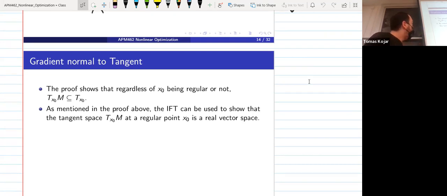But it doesn't tell you the exact space, it just tells you the ambient space, which might be good enough in some cases. There was some question of why you need regular. If you want equality, you need regular, but if you just care what the tangent space is roughly, then you can just do the trick.